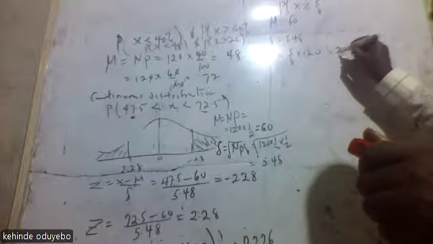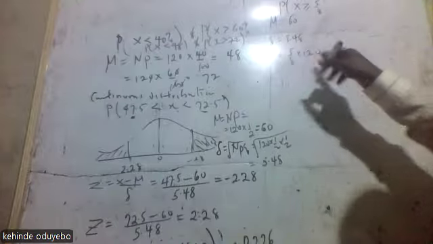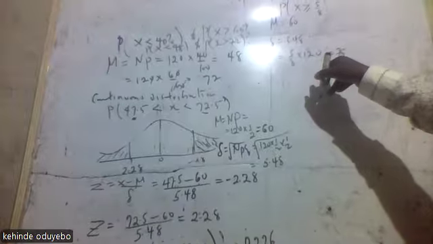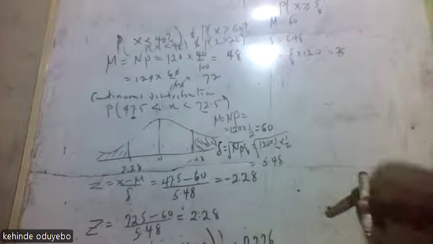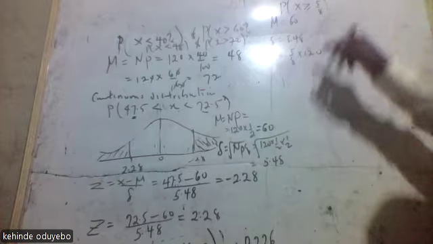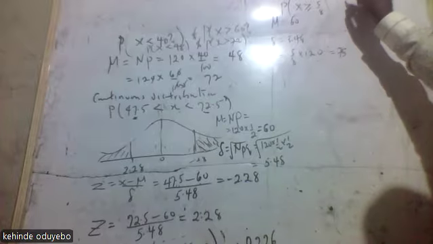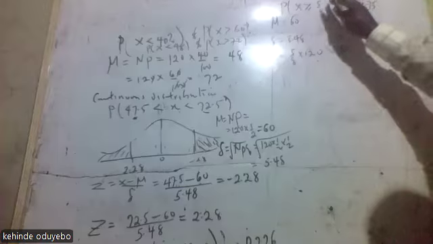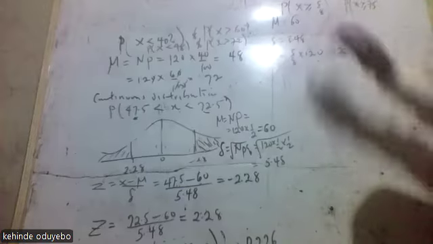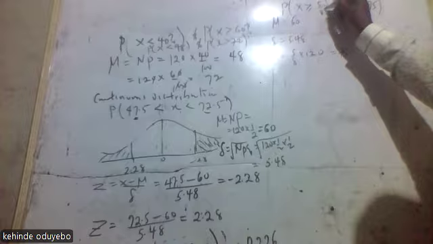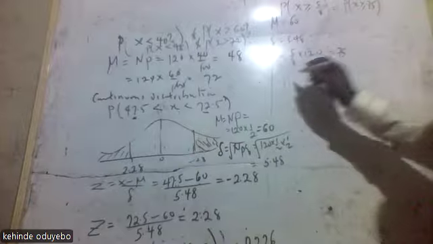So your value of mean doesn't change, but only this one will change. Now, they say we should calculate for x greater than 5/8. That means you are substituting this to be P(x greater than 75), which is 5/8 times 120. So that will give me 75.